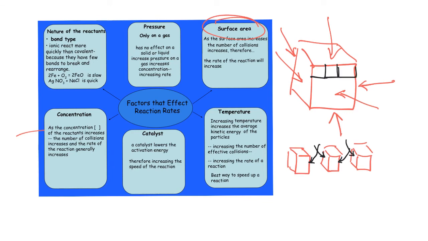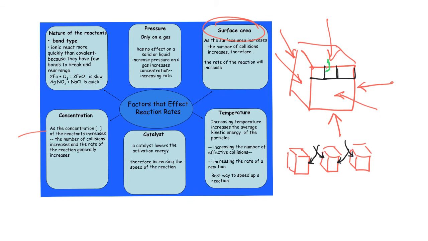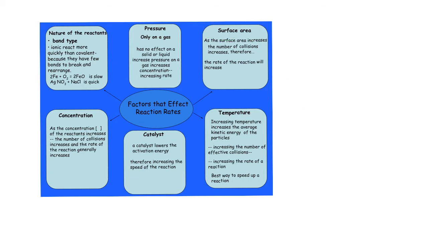So if you look, this surface area in here is now open for collisions. So if I increase the surface area, then we're going to increase the number of collisions. Remember, that's all we're trying to do, increase the number of collisions. All right, the next one, let's see if I can erase this while I have you guys recording, is concentration.